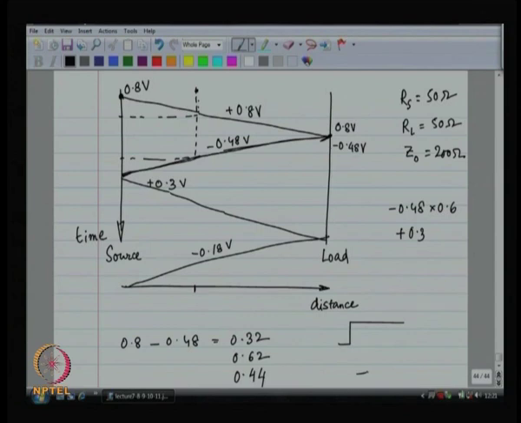After some time, what you received, you first got 0.32 volts at the load, then it jumped to 0.62 volts, then it came down to 0.44 volts, then presumably it is going to go to something closer to 0.5 and so on. So, this is what you are going to end up with, right. So, therefore, it is important, just for purpose of fidelity, you transmit a pulse, you should receive a pulse.